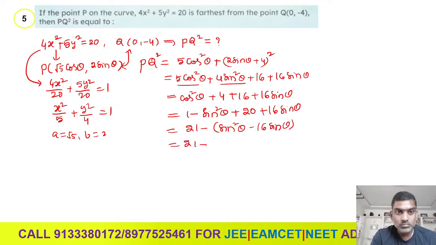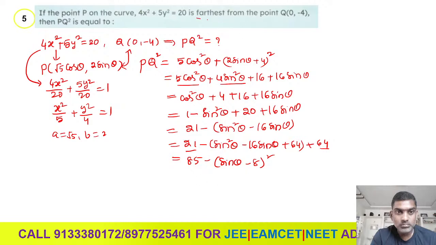This equals 21 minus sin square theta minus 16 sin theta, add 64 and subtract 64. So you get 21 plus 64, 85, minus (sin theta minus 8) whole square.